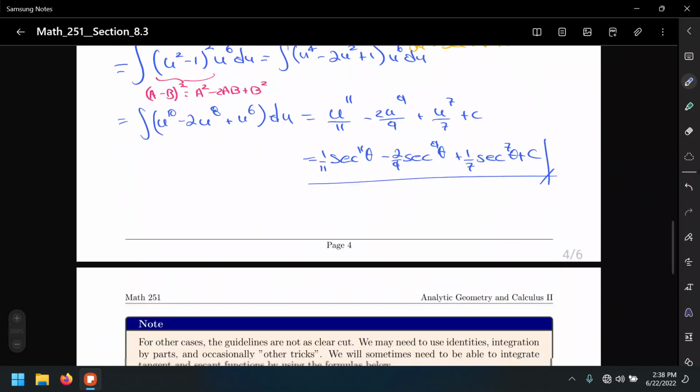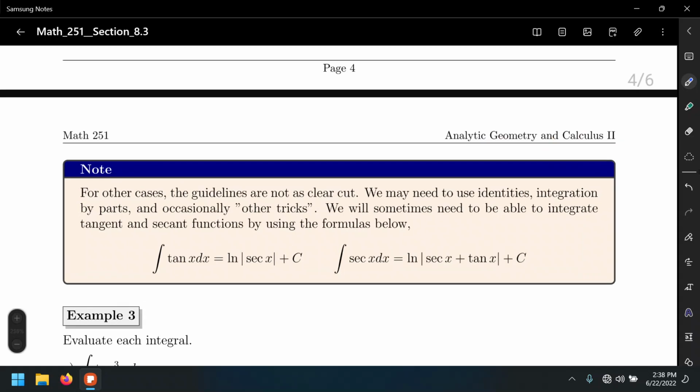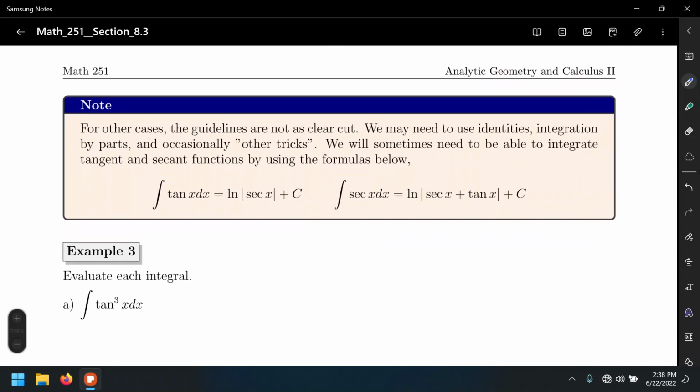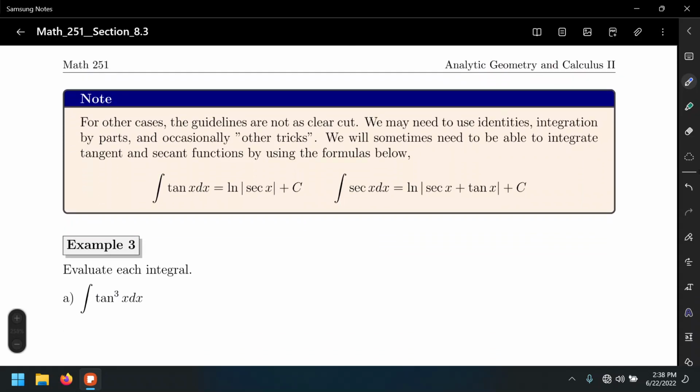Okay, so the issue with the powers of tangent and secant is that those guidelines typically are going to give us some trouble sometimes. They're not very straightforward like sine or cosine. If you have sine or cosine with an odd power, save one power and represent the remaining powers in terms of the other function. If you have even powers, use the power reduction formula.